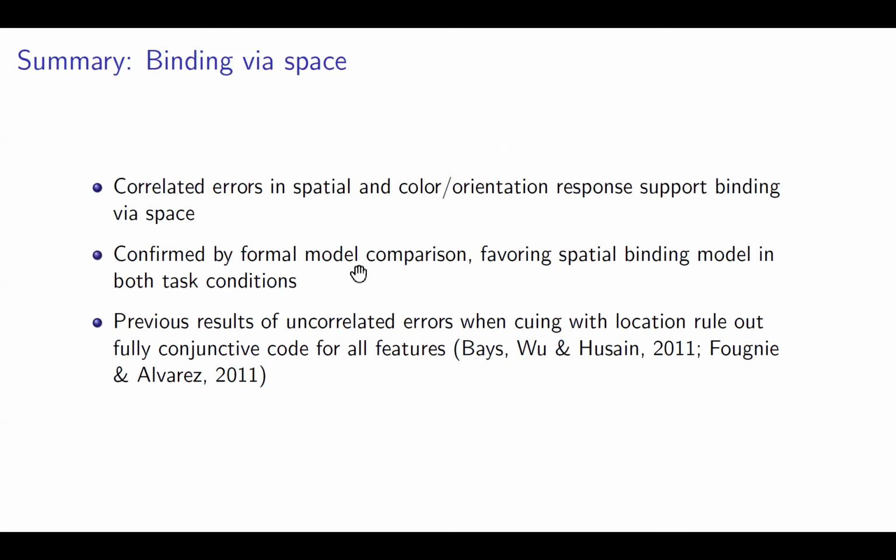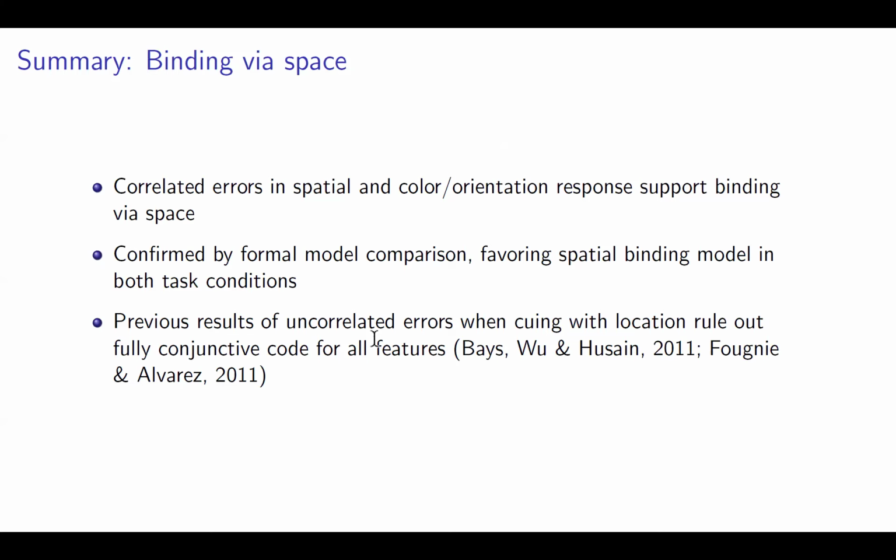That was confirmed by formal model comparison, favoring the spatial binding model very consistently over both conditions. And the previous results that I mentioned at the very beginning, that if you cue with location in this kind of task, you see uncorrelated errors for the other features, for orientation and color.